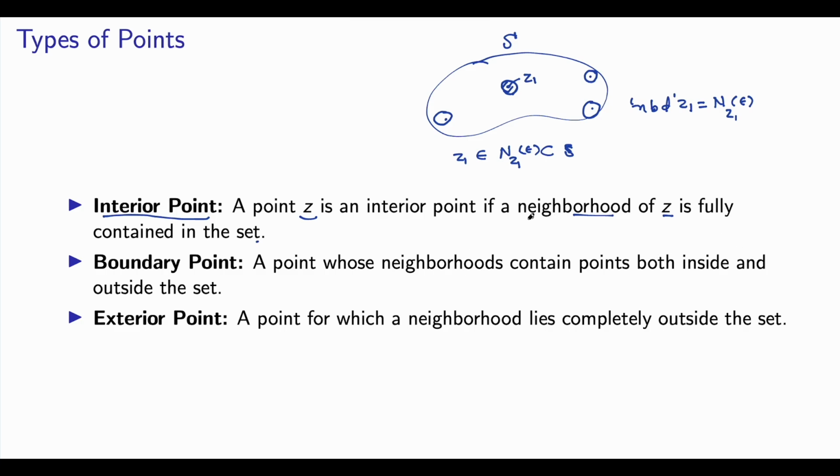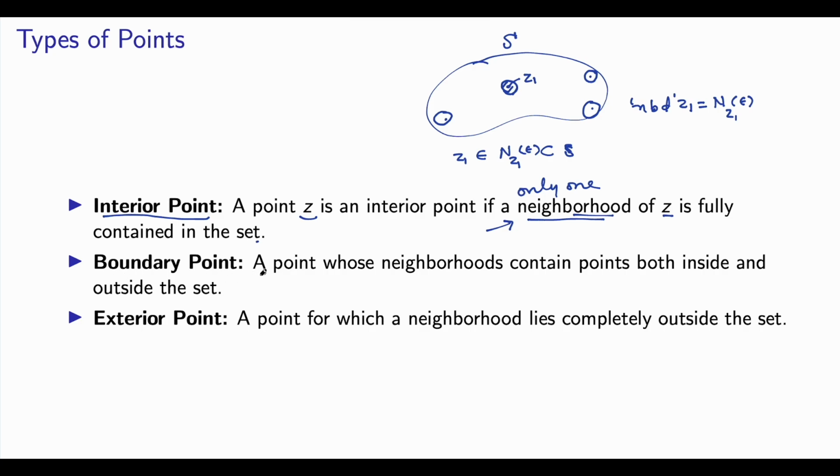This property means it is enough to show that only one neighborhood works. All such points together are the interior points, right?